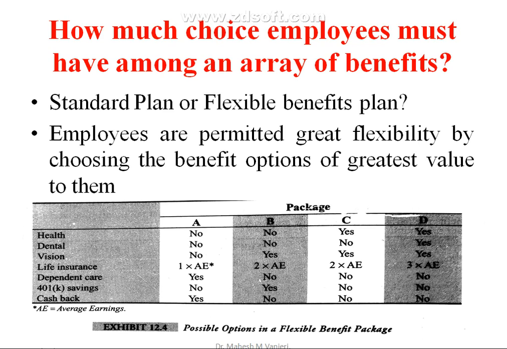Then savings is his interest. This way, employee C has taken the health benefit, vision benefit or eye care benefit, and he has opted for life insurance of up to 2 times his average earnings. Then employee D, same way.